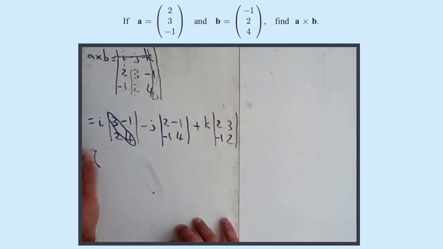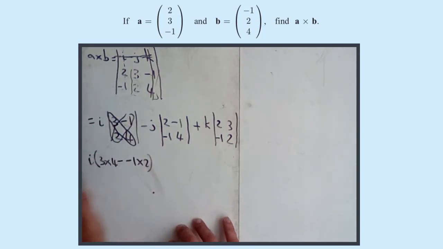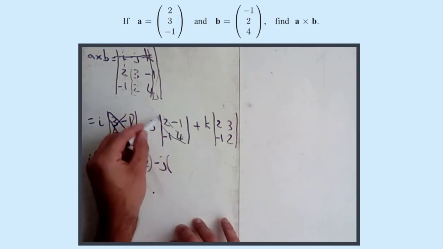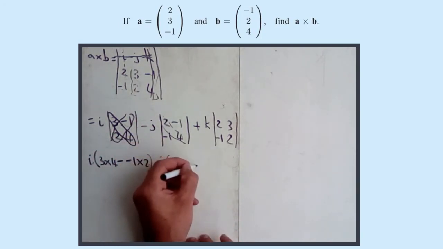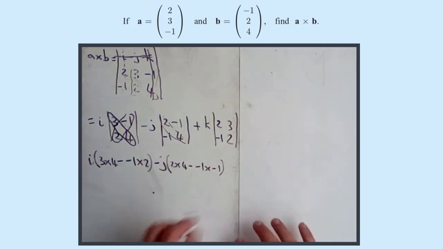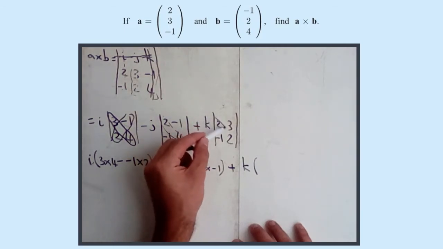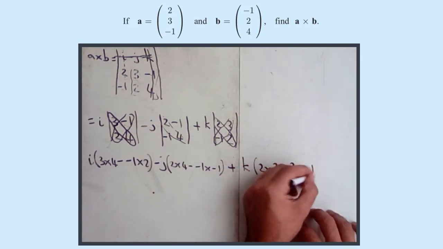So it's i times (3 times 4, minus -1 times 2), minus j, because we've got a minus j there, times (2 times 4 minus -1 times -1), plus k times (2 times 2 minus 3 times -1).